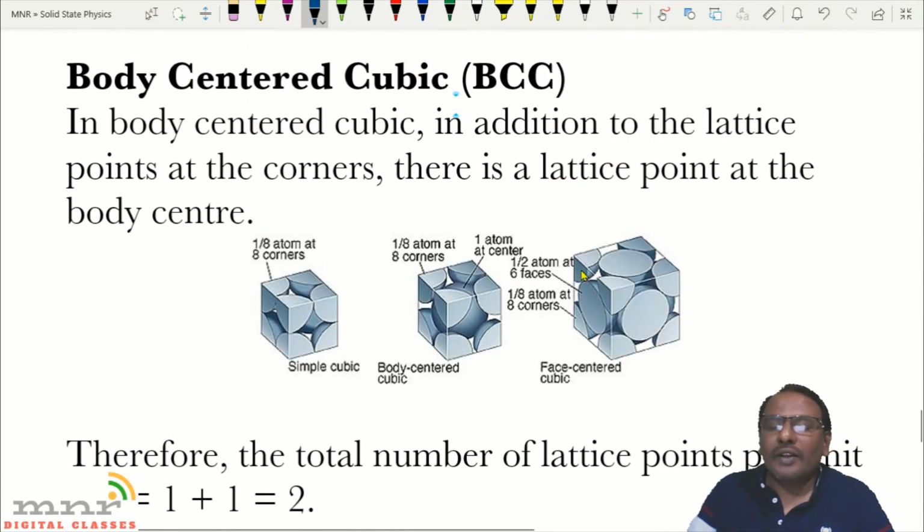Now observe the second diagram. Already we learned that the lattice points at the corners contribute only 1/8 of their share to any given unit cell, while the atom at the center belongs completely to that particular unit cell only.